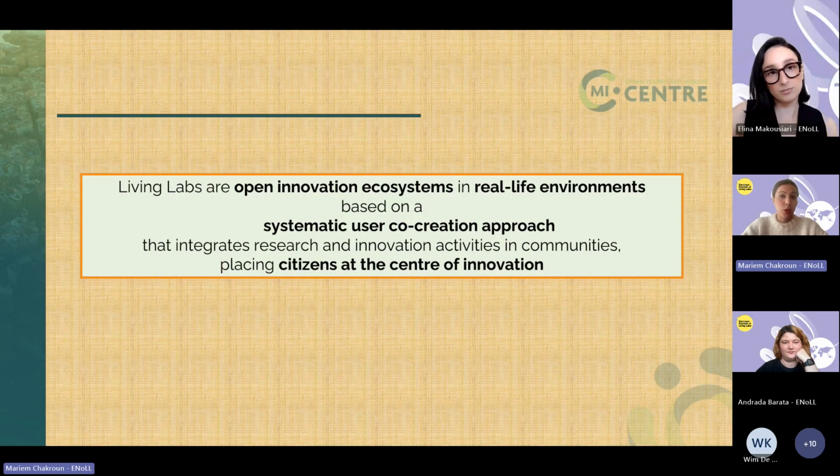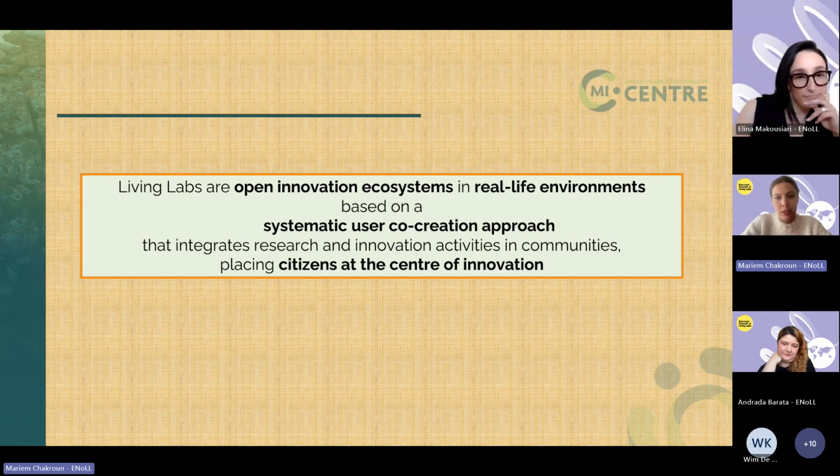And when we look at the definition, living labs are open innovation ecosystems in real life environments based on a systematic user co-creation approach that integrates research and innovation activities in communities, placing citizens at the center of innovation. So what do these words mean?